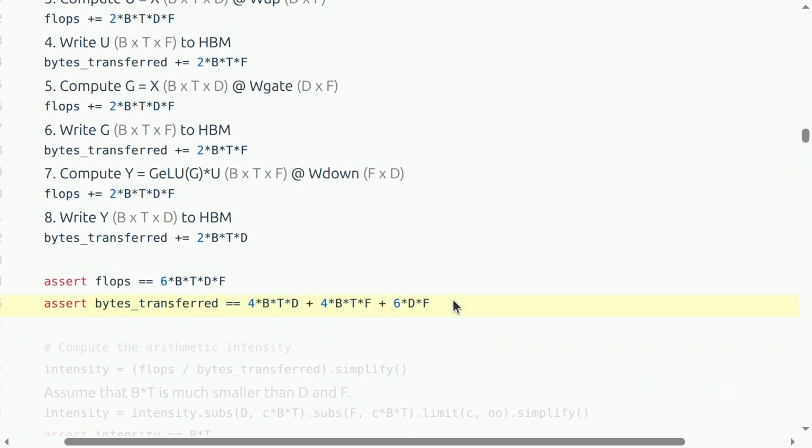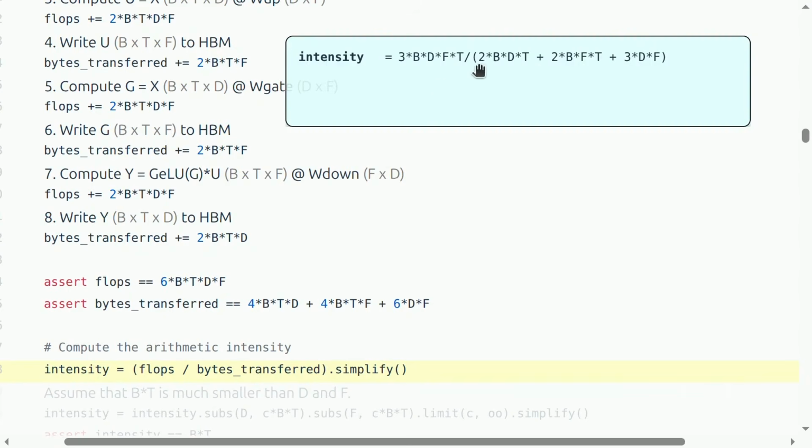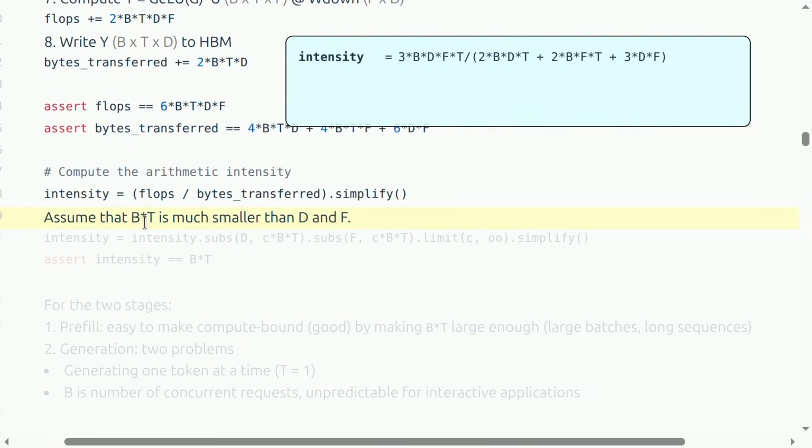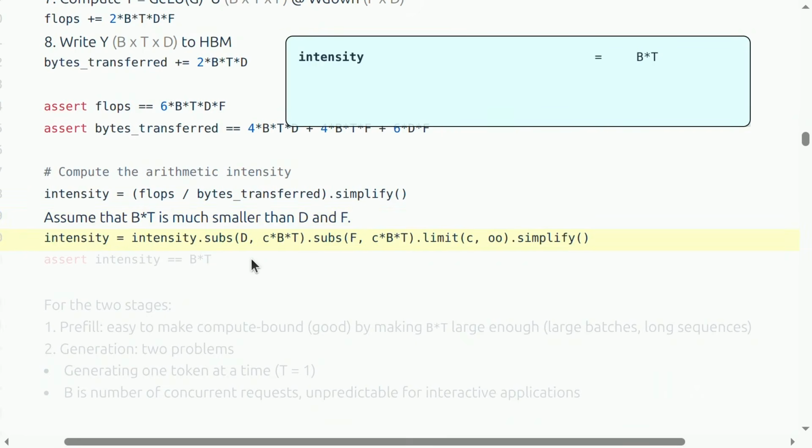Okay, so now you can compute the arithmetic intensity, which again is flops divided by bytes transferred. So this is some expression. We're going to assume that, just like before, B times T is much smaller than D and F. And with that, we see that the intensity is B times T. This is analogous to the matmul case.